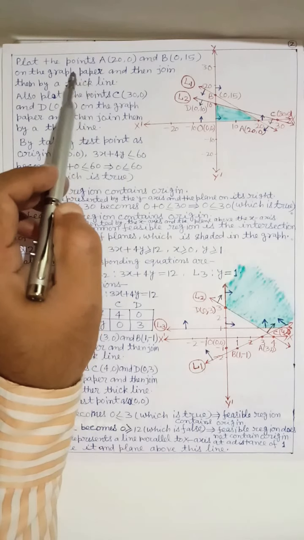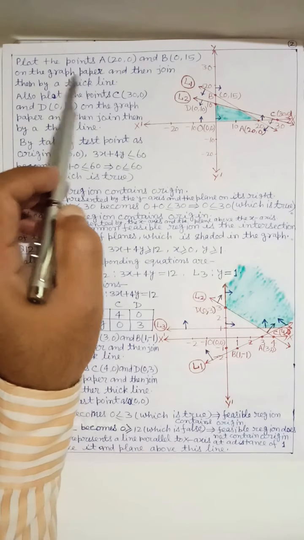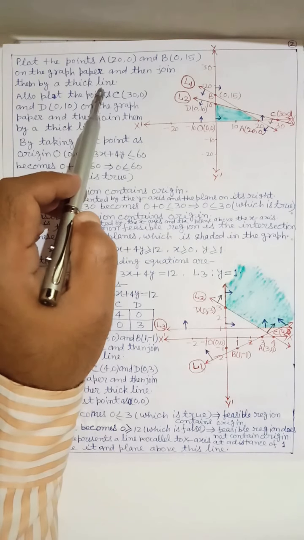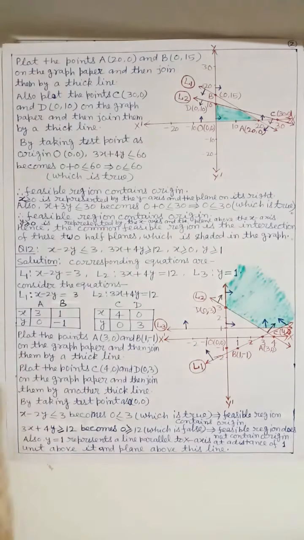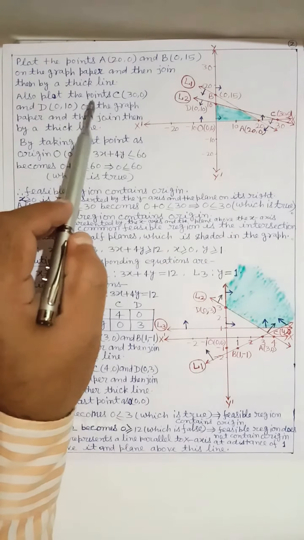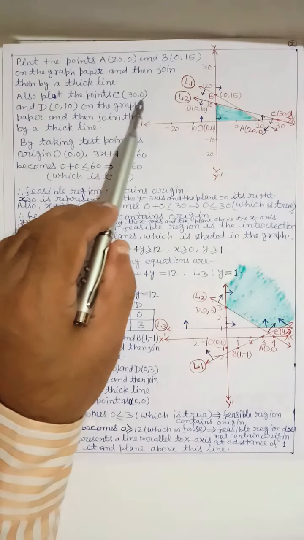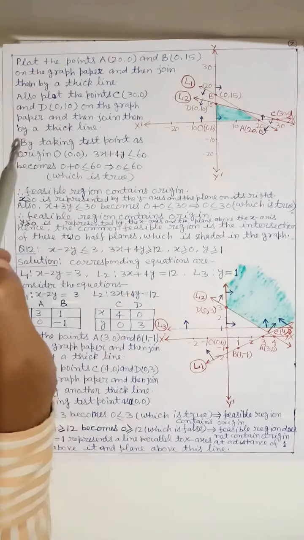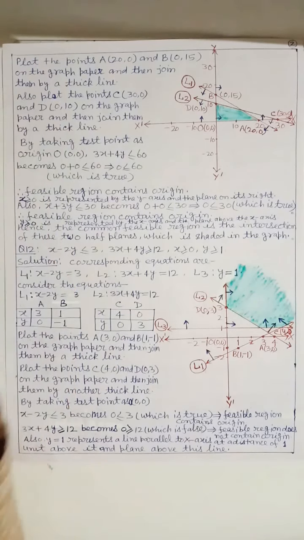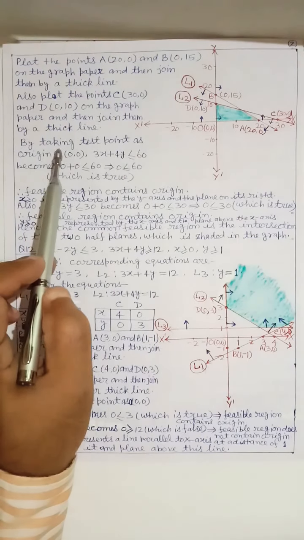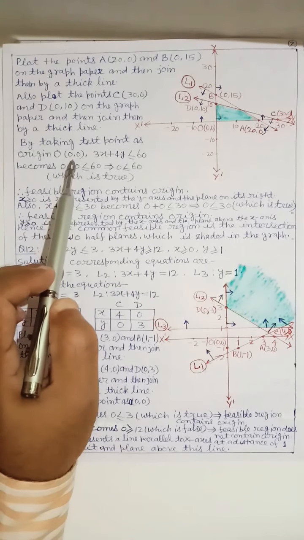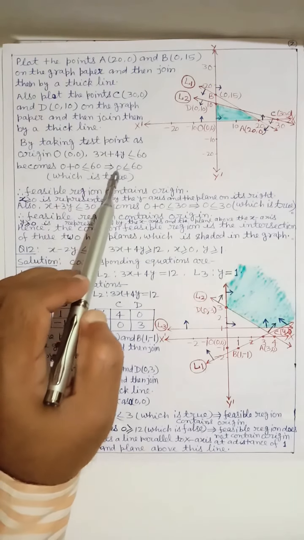If it is given greater than only or less than only, in that case we draw a broken line or dotted line. Also plot the points C 30, 0 and D 0, 10 on the graph paper and then join them by a thick line here.